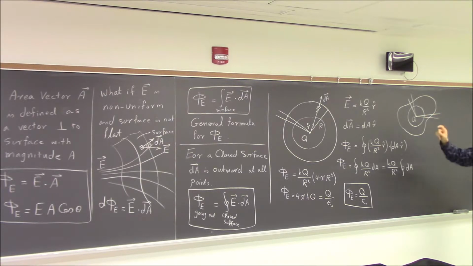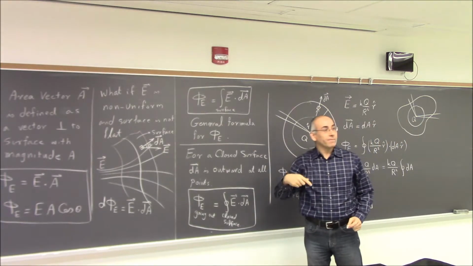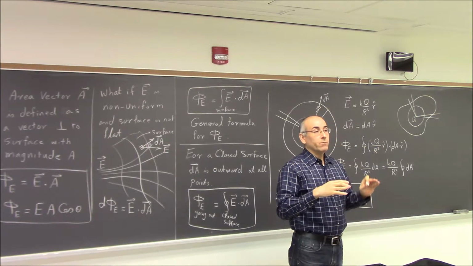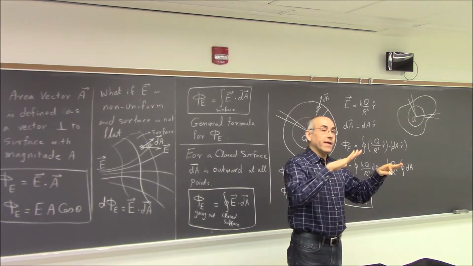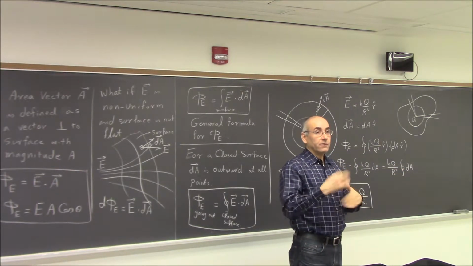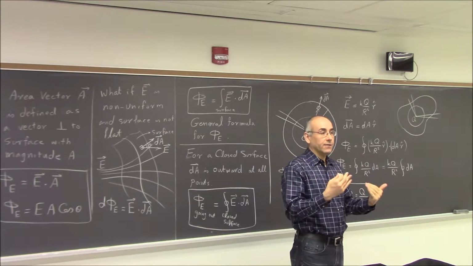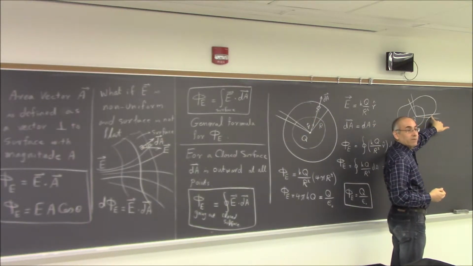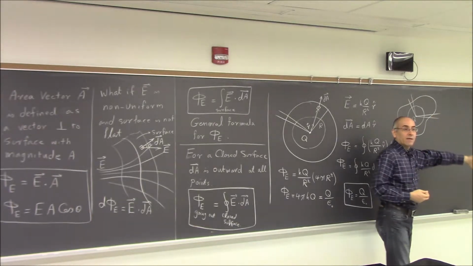But remember, like what we did over there, at an angle the area is bigger, and you multiply it by cosine theta. So the area becomes bigger by cosine theta, but there's an angle between the area vector and the electric field vector. This cosine also cancels. So the flux going through this surface is the same as the flux going through this surface.